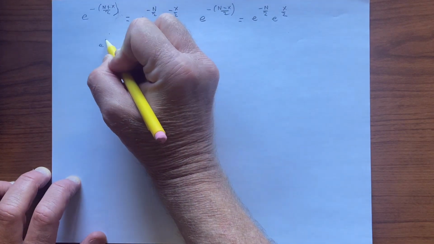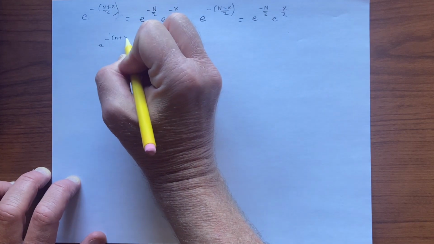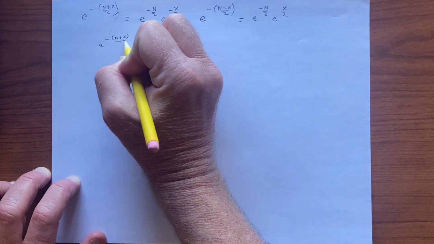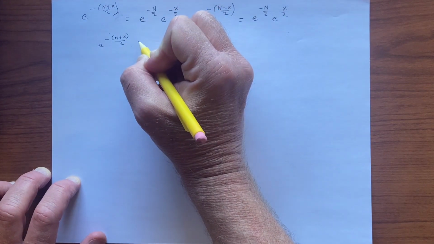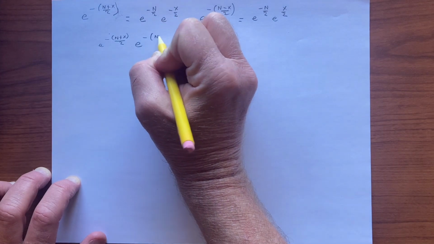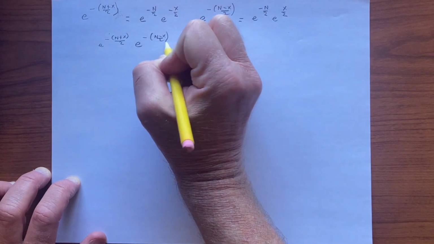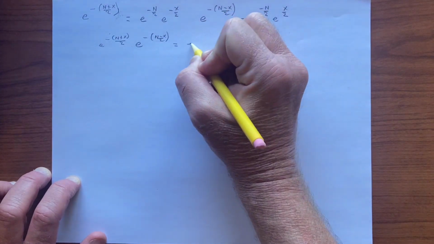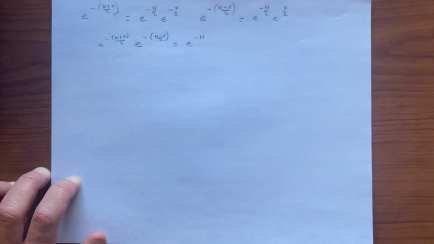Therefore, e to the minus (n plus x)/2 times e to the minus (n minus x)/2 is e to the minus n.